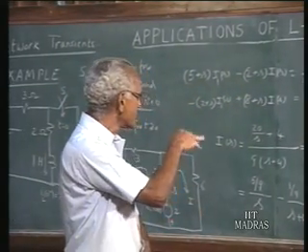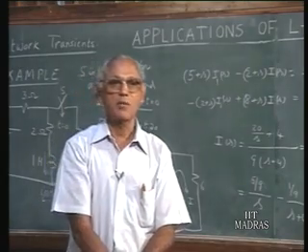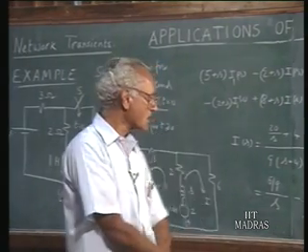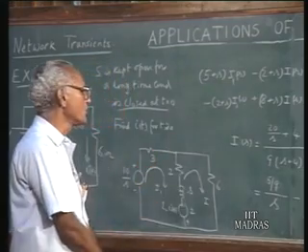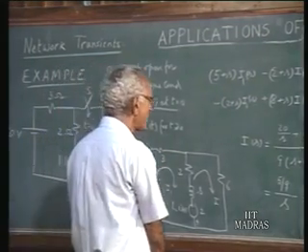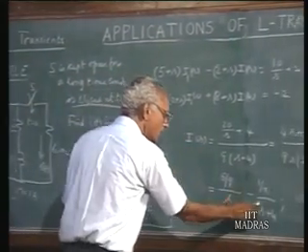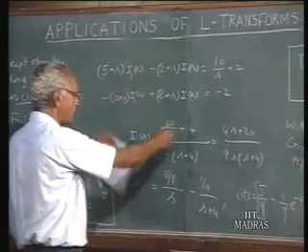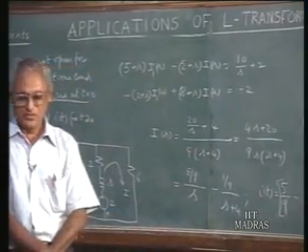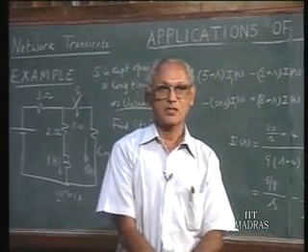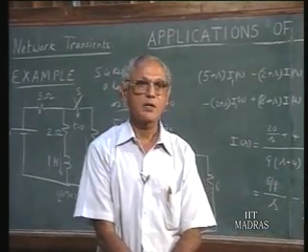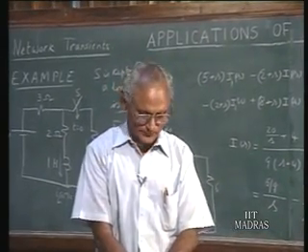So the j terms which are strewn all over the place in the case of AC circuit analysis are avoided, or at least not seen here, and therefore it proceeds in a very smooth fashion. The major difficulty of course is finding out the inverse Laplace transform. If I(S) happens to be a complicated rational function, then the partial fraction expansion and finding out the inverse Laplace transform is that much more complicated. But however, the procedure is straightforward.